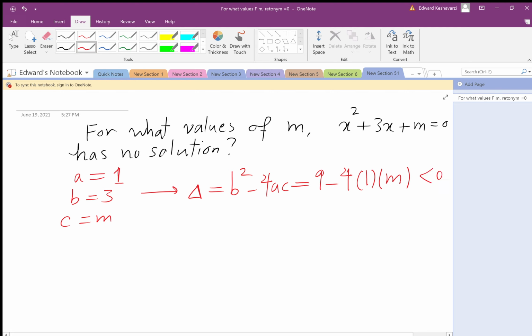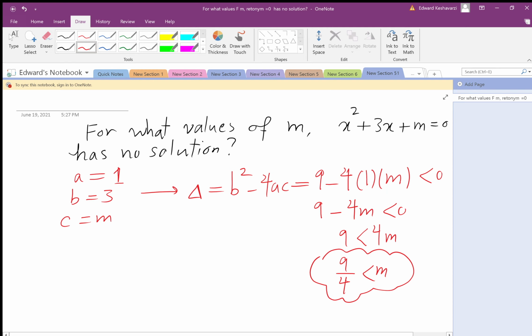So it has to be less than 0. So now let's simplify more. Let's move 4m over and then divide both sides by 4 to get 9 over 4 less than m. So if you want this equation not to have any solutions, m has to be larger than 9 over 4.